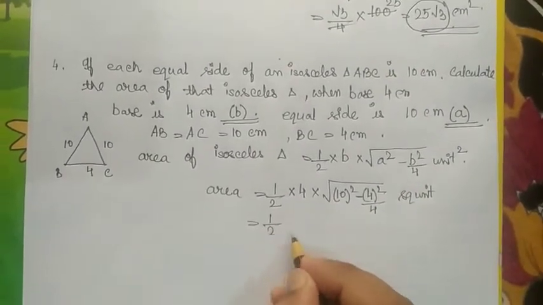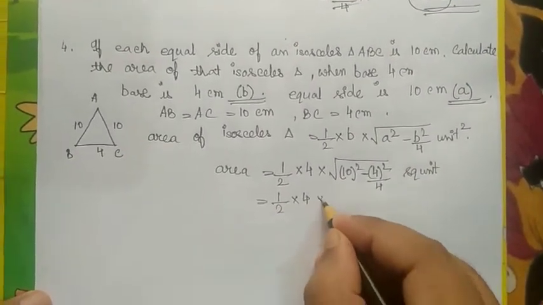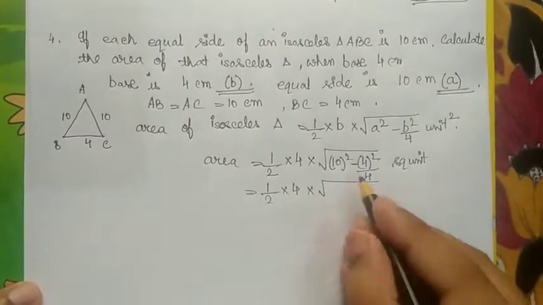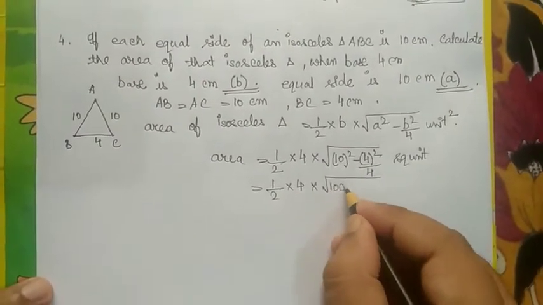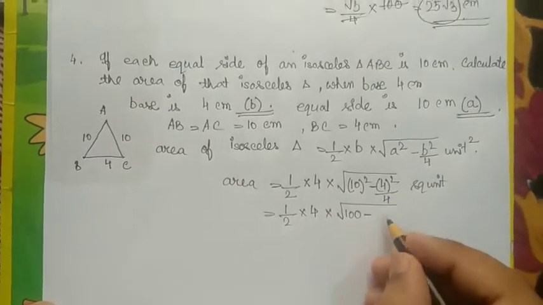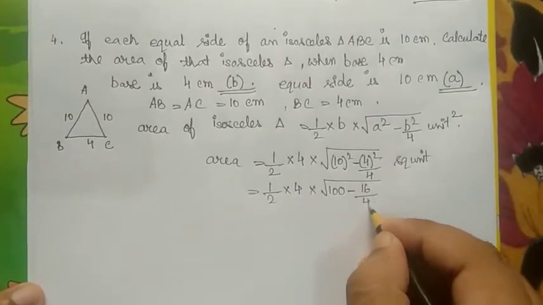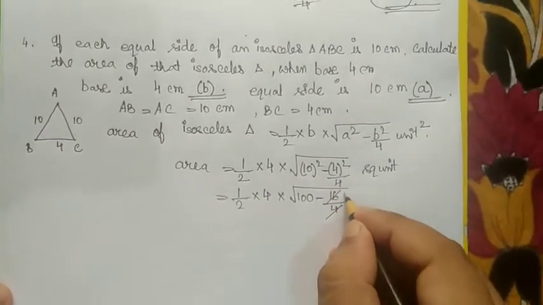Therefore the area should be half into 4 into root over 10 square means 100 minus 4 square means 16 by 4. If we eliminate this, therefore we get 4.